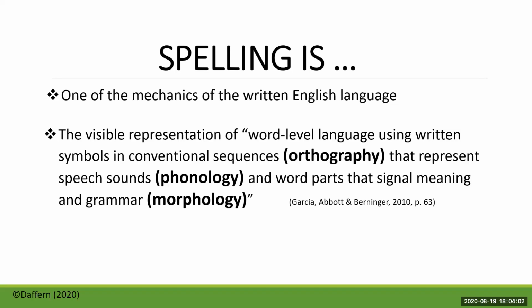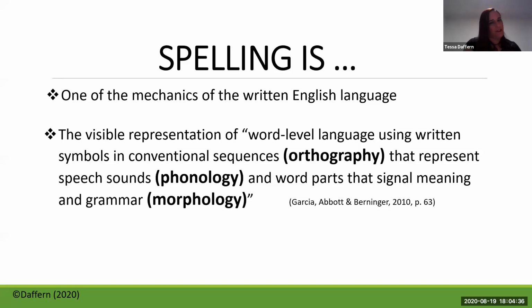But I also love to refer to this particular definition that's described by some researchers in America, and they describe English spelling as the visible representation of word-level language using written symbols in conventional sequences, and we know this as orthography. And these conventional sequences represent speech sounds, which we know of as phonology, and they also represent word parts that signal meaning and grammar, which we know of as morphology.